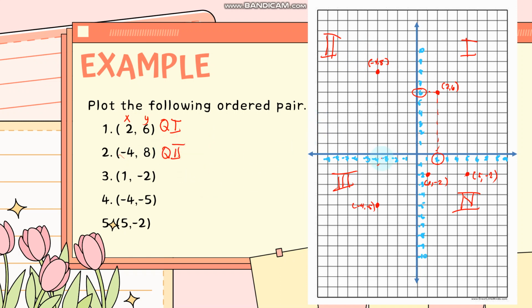And then, 1 and negative 2, that is in the fourth quadrant. And negative 4 and negative 5, that is in the third quadrant. And lastly, 5 and negative 2, that is also in the fourth quadrant.